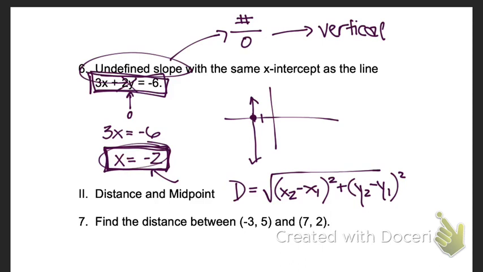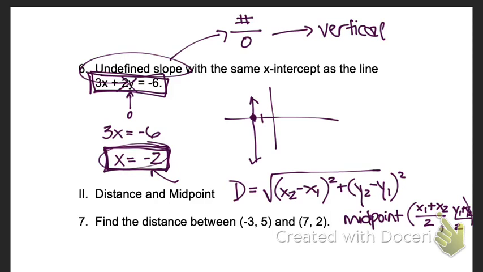Your midpoint formula is a set of points, actually. I don't even really memorize the formula that I'm writing down here. That's really just an average, if you think about it.